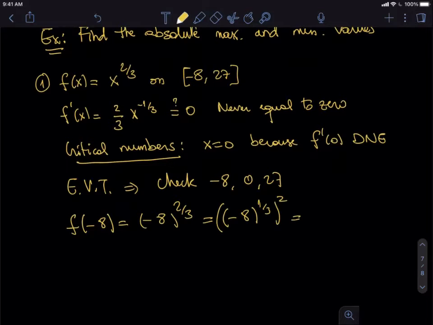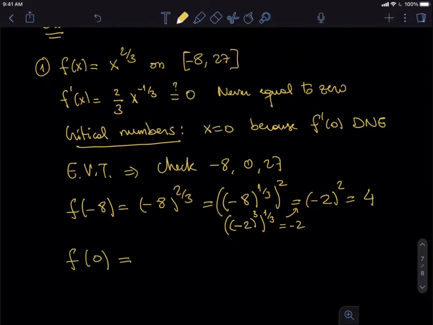And the cubic root is an odd function, so we can take a cubic root of a negative number. So this is -2 to the power 3, that's -8. Then to the 1/3, so that is -2, to the power 2, and that makes 4.